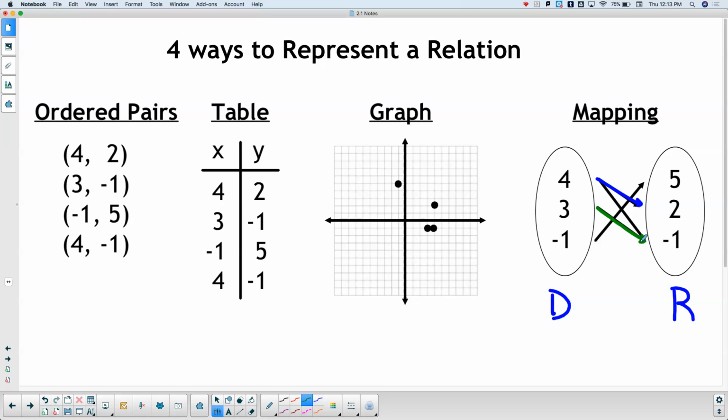The point -1, 5 is represented by the purple arrow. And the point -4, 1 is orange. So that is a mapping.